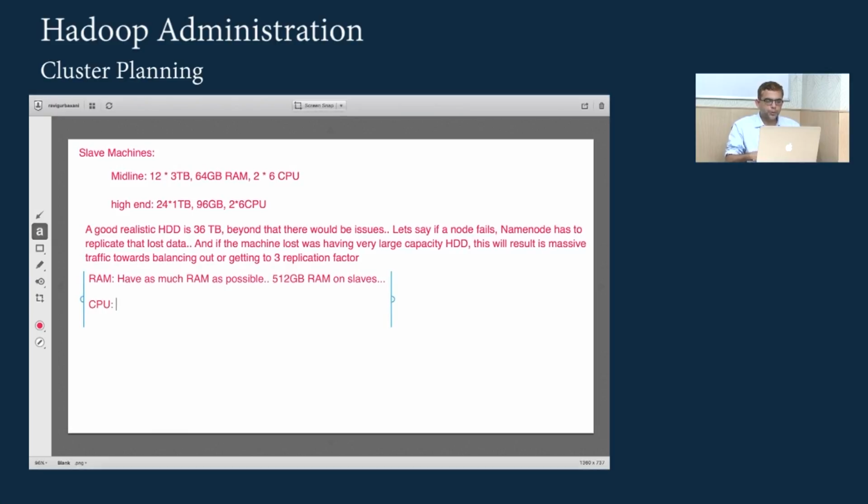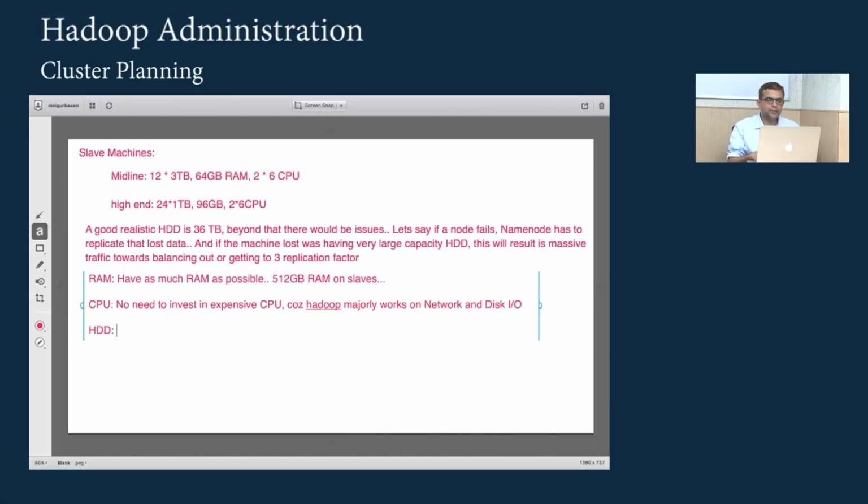When it comes to CPU, no need to invest in expensive CPU because Hadoop majorly works on network and disk I/O. Hadoop's real performance depends on the network and the disk I/O. So investing in top of the line CPU would not be a very good idea.